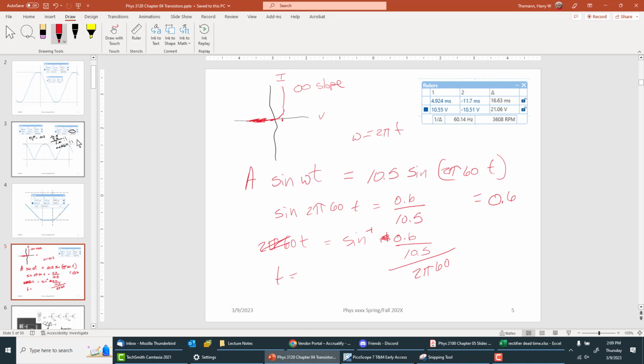Then I have inverse sine. And then I'll divide by 2, then divide by pi, and then divide by 60. And I get 0.152 milliseconds.